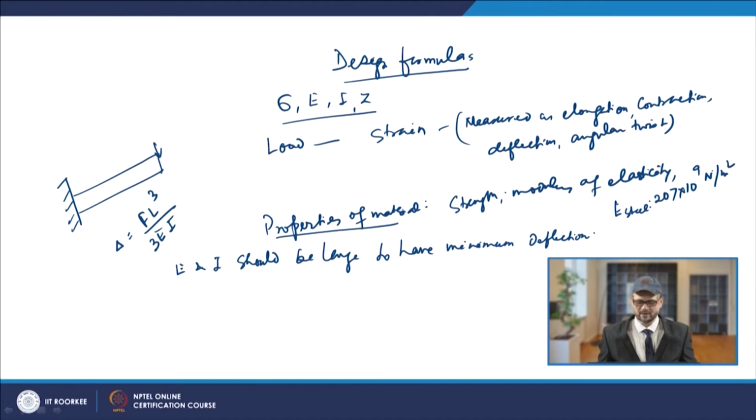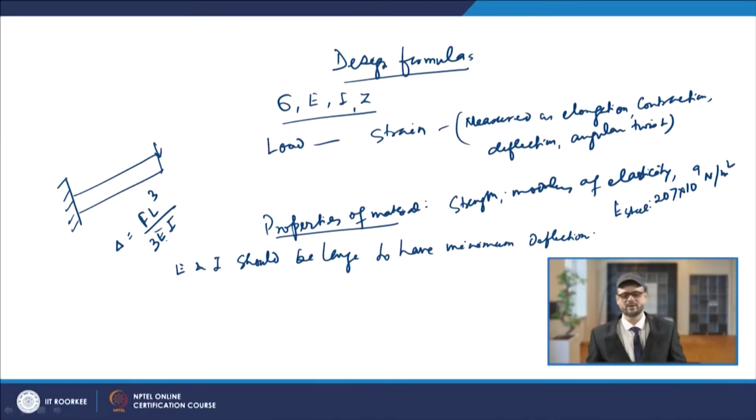Similarly, the other factor is I, the moment of inertia, which depends upon the different types of cross section of the material. Another factor in consideration is the cost of making the different cross sections.